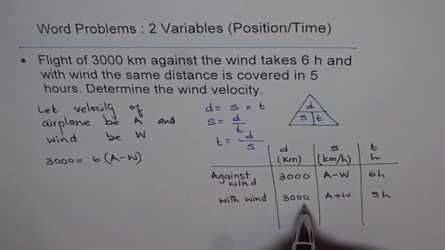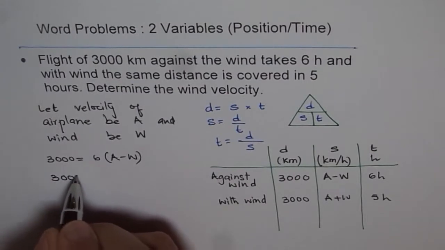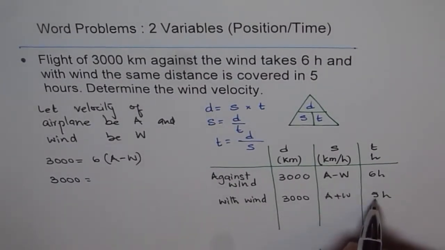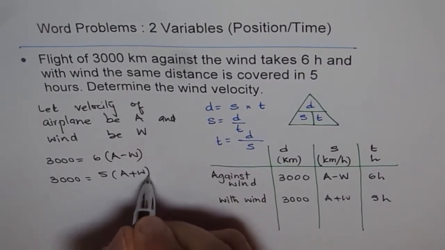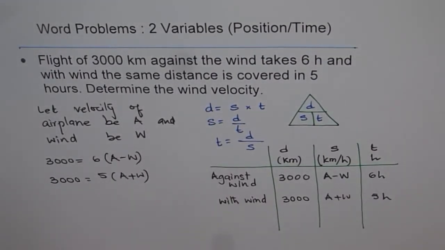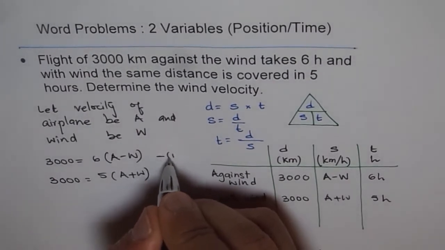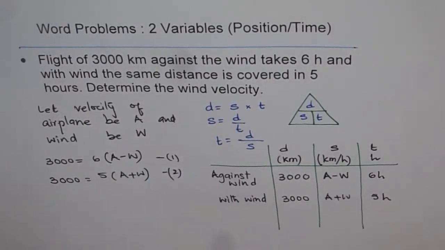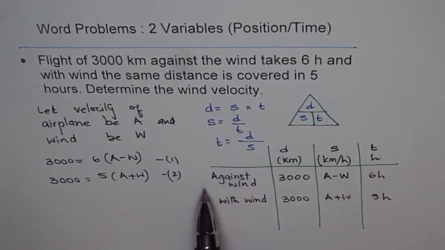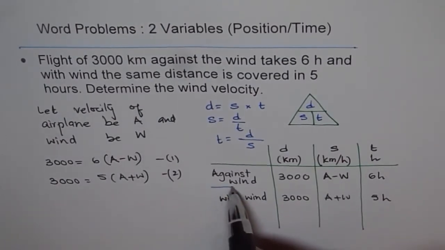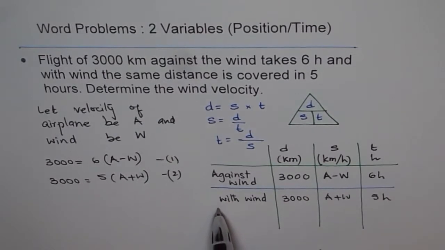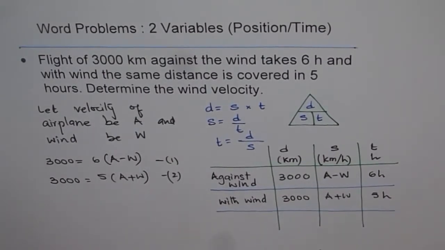And from the second row, 3000 equals to 5, which is the time, times speed, (a plus w). Correct? So we now have two equations, equation 1 and equation 2. These are from the two rows: the first row gives us against wind information, and the second row gives us with wind information.